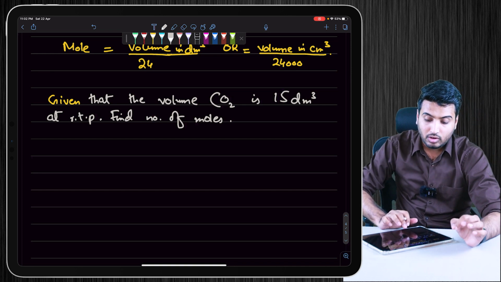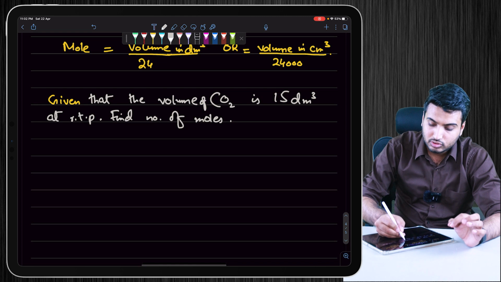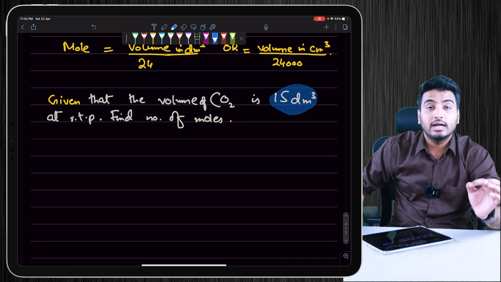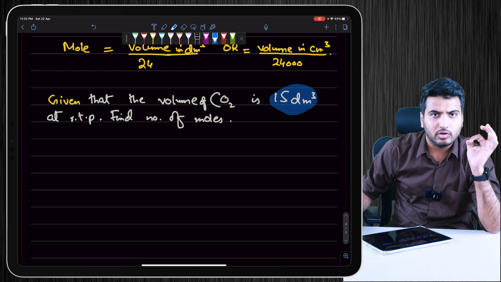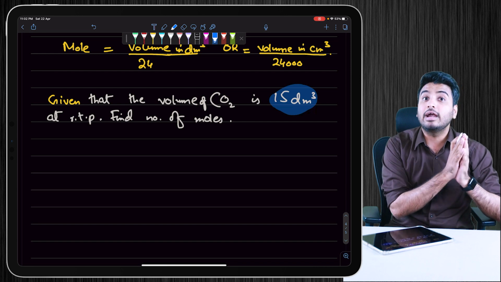Okay, so now they say given that the volume of carbon dioxide, so the given volume of carbon dioxide in the question is 15 dm cube. So 15 dm cube is the given volume. Okay, and we need to find moles.